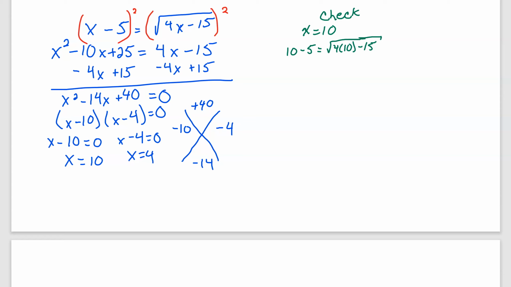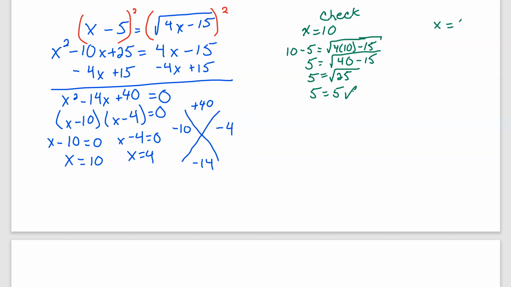So 10 minus 5 will give me 5. 4 times 10 is 40 minus 15. 40 minus 15 is 25. And the square root of 25 is 5. So 10 does check out.